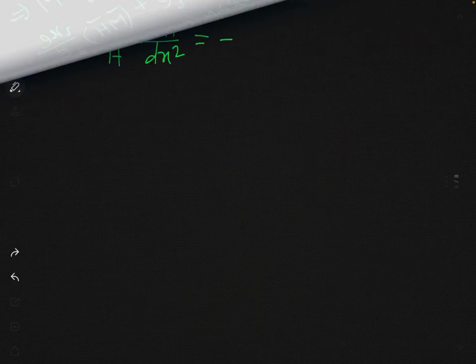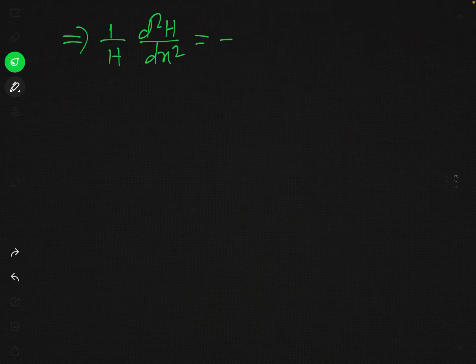So this will be minus 1 over w d2w by dy square and minus p square.